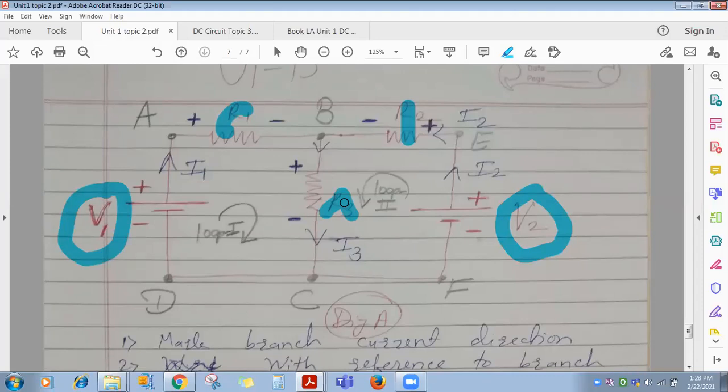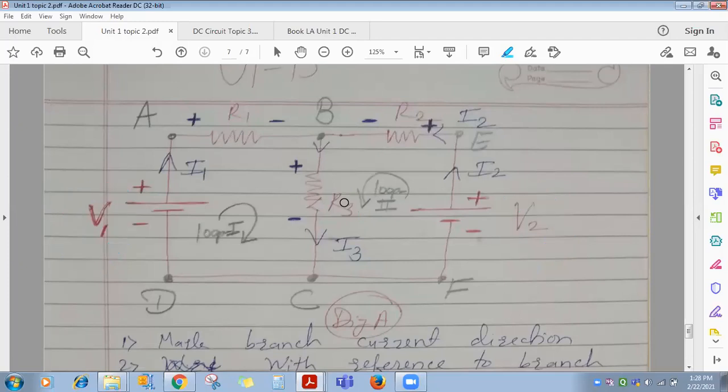Suppose they ask you to find the current flowing through R3 using Kirchhoff's law. This is the kind of question you get asked based on this topic.